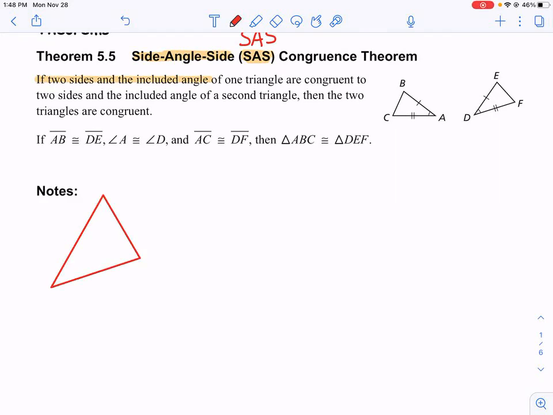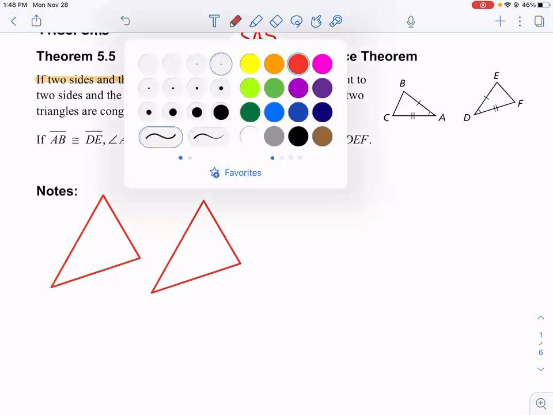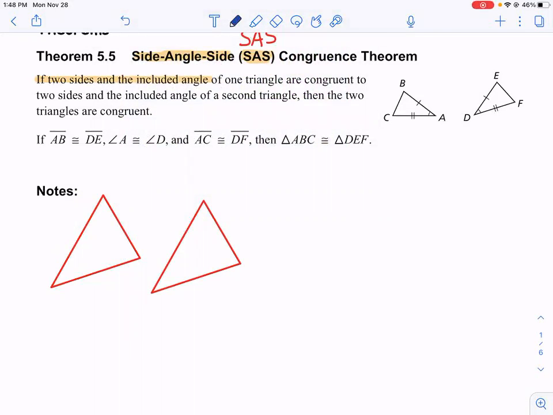Draw this triangle. So if I have 2 pairs of sides that are congruent, which angle would need to be congruent in order for this to be side angle side?